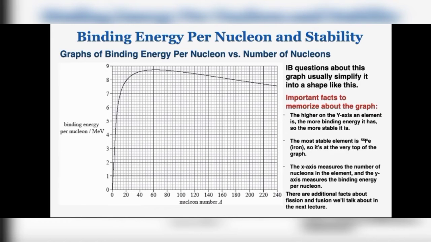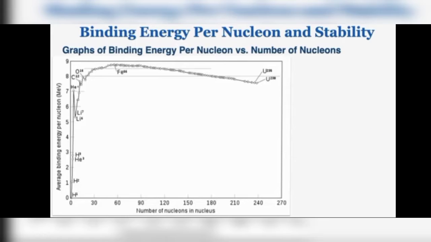This is the same graph I showed you before, but in a simpler way. Now, I'll explain this graph. We can see in the graph that it is stable in the region of 50 to 80 mass number, and it has the average binding energy per nucleon as 8.5 mega electron volt.